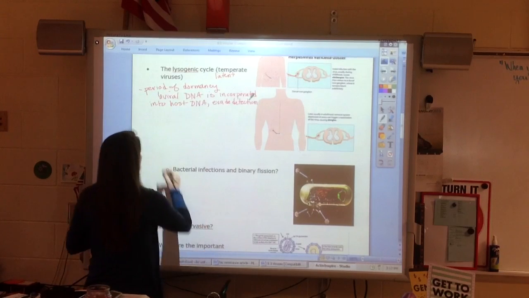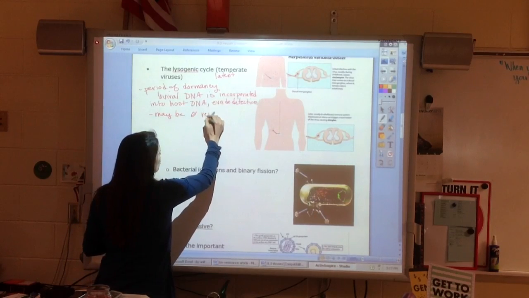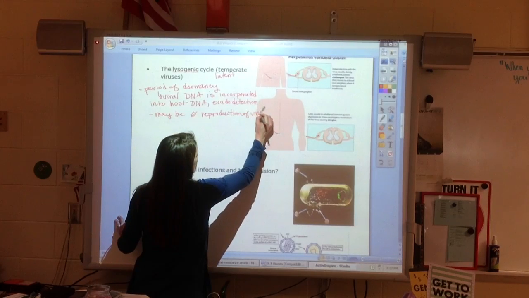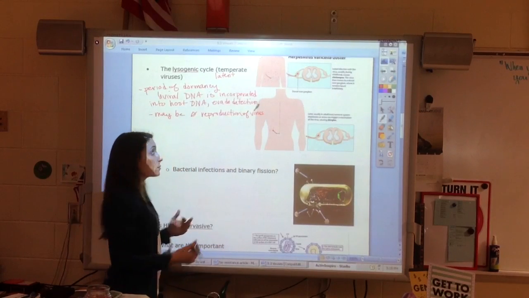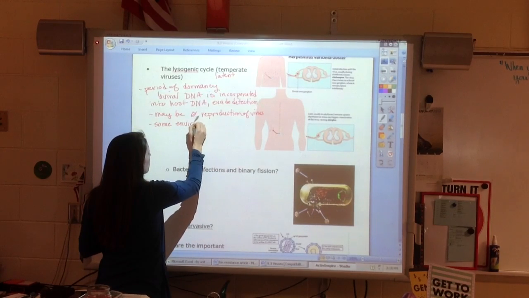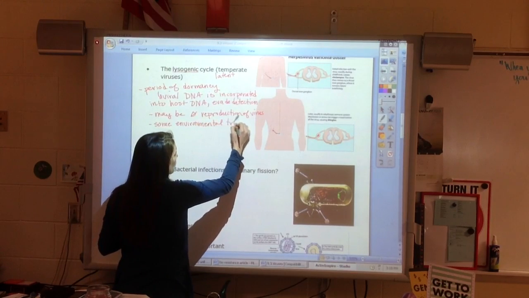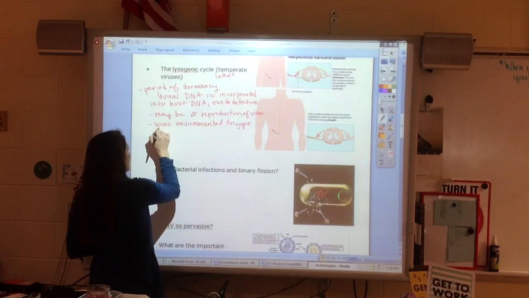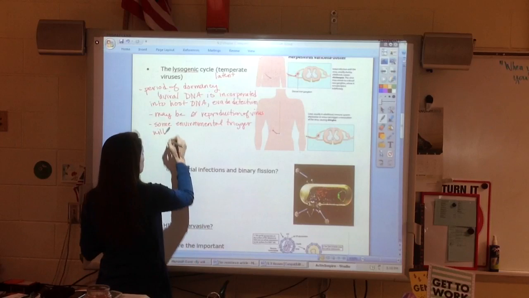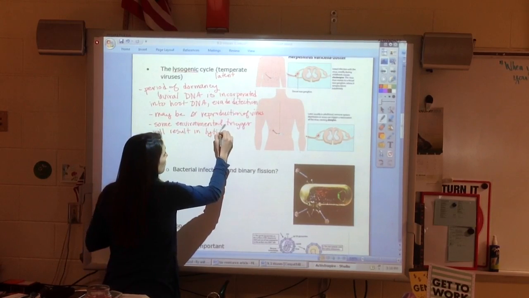This period of dormancy means there may be no reproduction of the virus for an extended period of time. And then some environmental trigger will push the virus into the Lytic cycle.